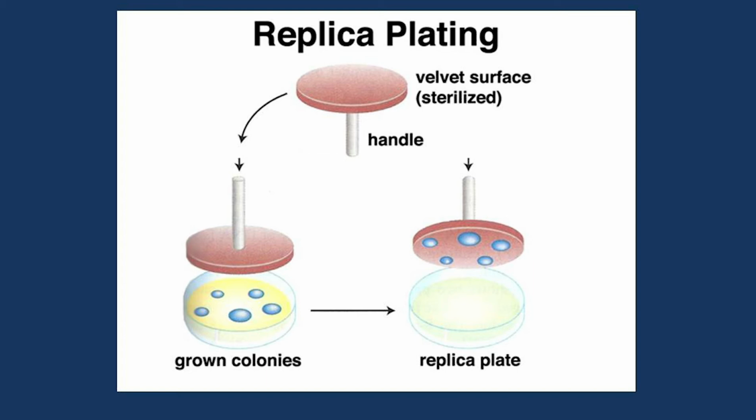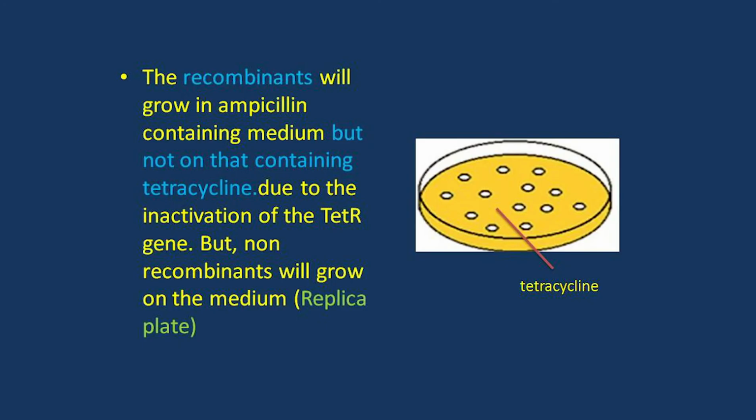It is then put on the top of the petri dish so that the velvet cloth touches all the colonies. Remember, all the colonies are projecting upwards. So few cells from each colony will attach to the velvet cloth. This device is then put on another medium containing the antibiotic tetracycline.